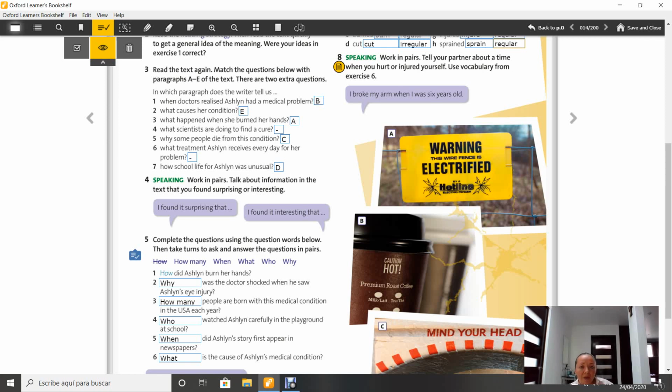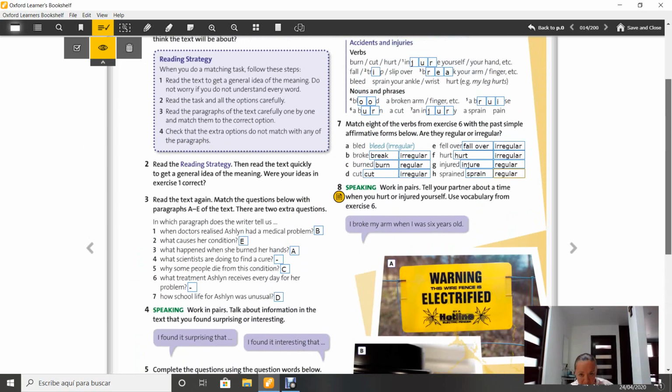What happened to you? Maybe if you cut your finger, how did you cut your finger? Maybe with a knife, maybe with a rock, I don't know. So I want you to describe in this space an experience of pain that you had in the past.